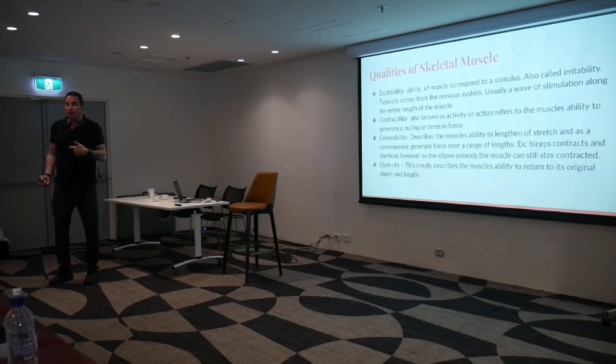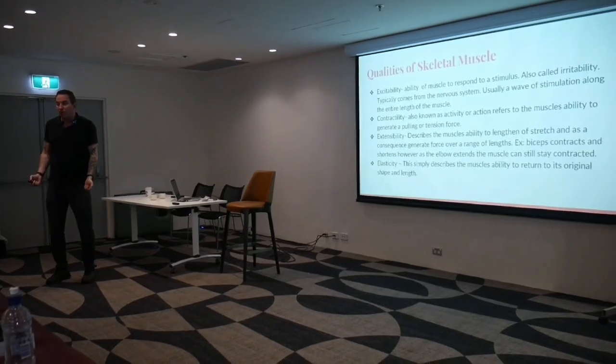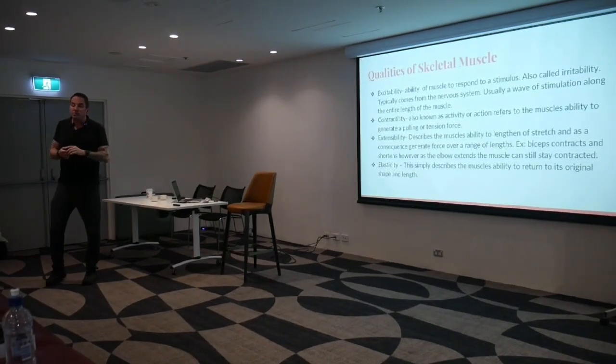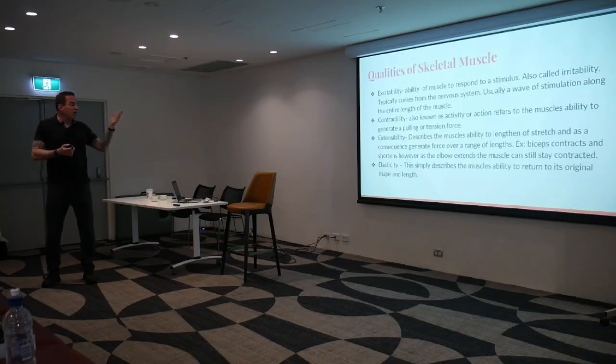That's a different thing from contractility. Contractility just brings the weight up, it shortens the muscle. But with extensibility, you're still contracted and stretching the muscle at the same time. So it's a different dynamic of the muscle. But I believe all of these things improve by treating motor points of the muscle.